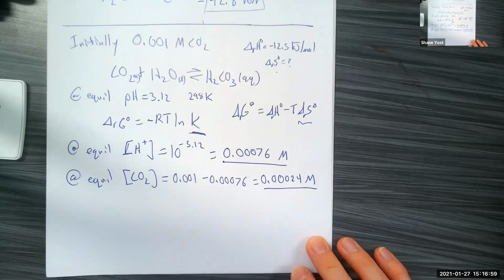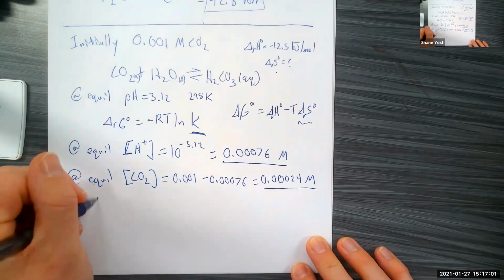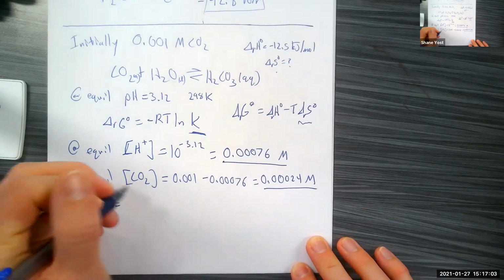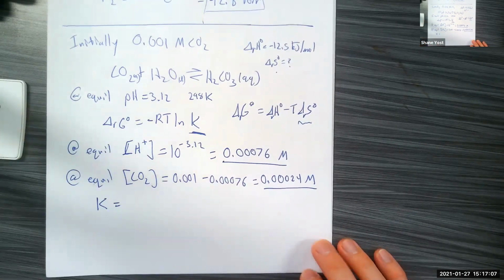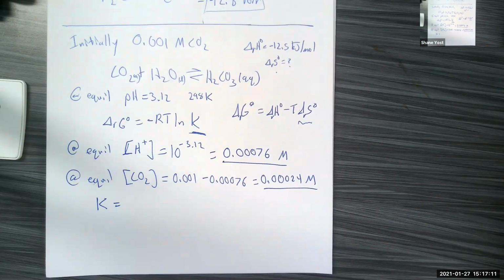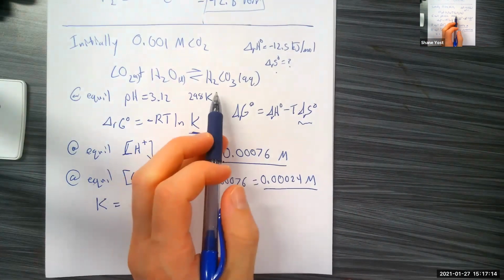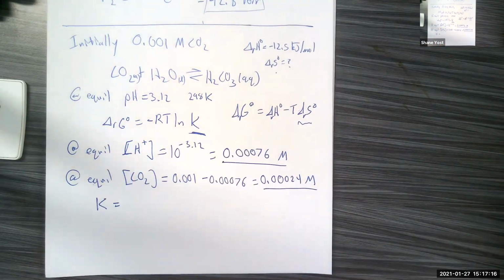So we can now calculate the equilibrium constant. This entire time I've been relating the concentration of H+ to the concentration of H2CO3, because H2CO3 is a strong acid, so that first hydrogen will fully dissociate. Whatever concentration of H2CO3 I form is going to equal the concentration of H+ I end up forming.